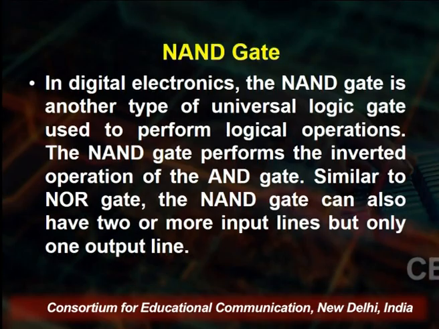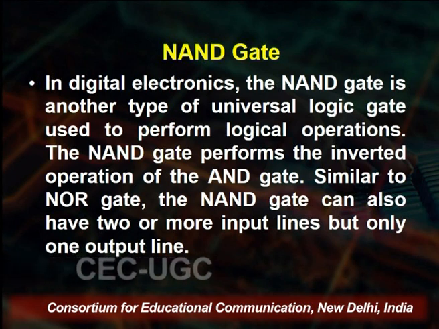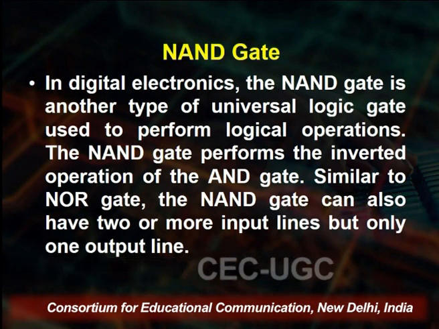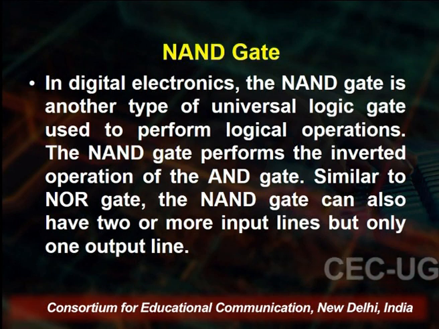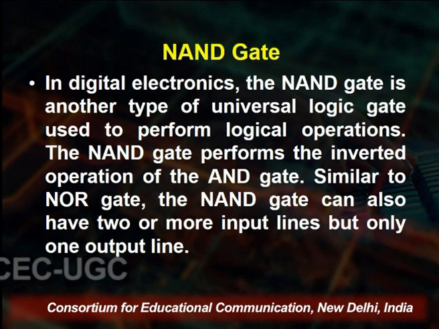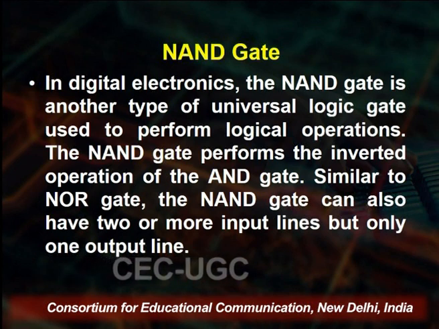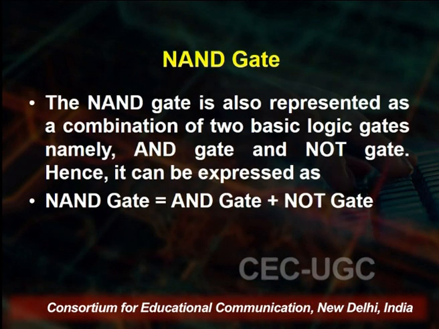In digital electronics, the NAND gate is another type of universal logic gate used to perform logical operations. The NAND gate performs the inverted operation of the AND gate. Similar to the NOR gate, it can have 2 or more inputs and 1 output.